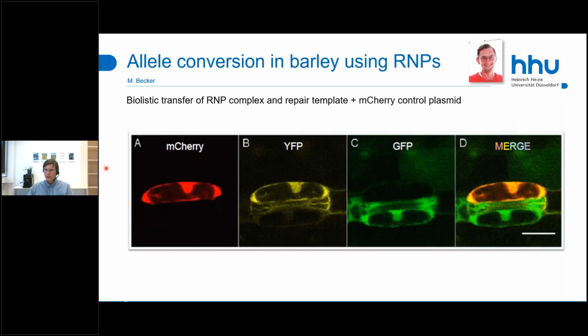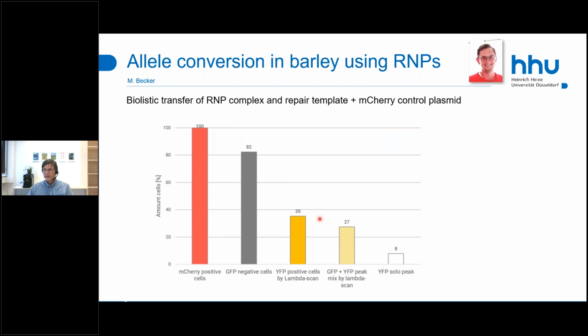In a later project, my postdoc Martin Becker used RNP complexes in order to achieve the same outcome. He also used this transgenic barley, but this time GFP-specific RNP complexes with the non-functional repair template. And as you can see here, he also succeeded in epidermal cells.